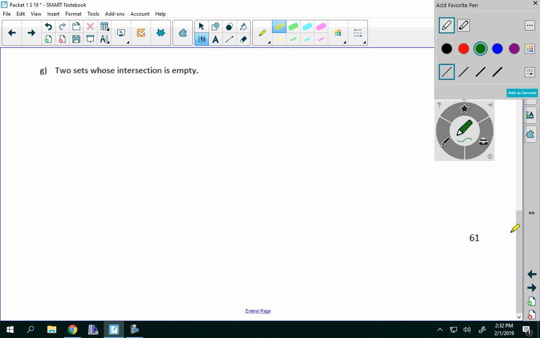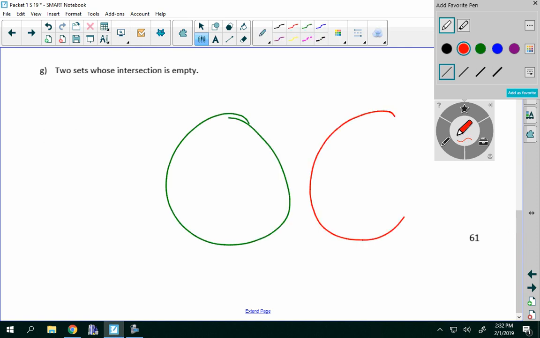Finally, two sets whose intersection is empty. If we had a picture of two different sets, they wouldn't overlap at all. There'd be no intersection. So you could have the set that had the numbers 1, 2, 4, and a set that had the numbers -5 and 10.